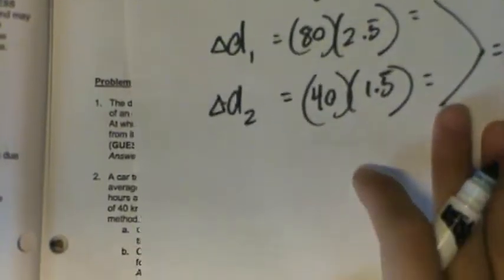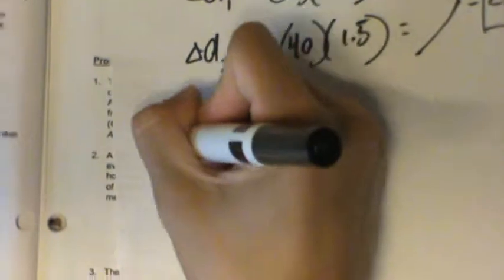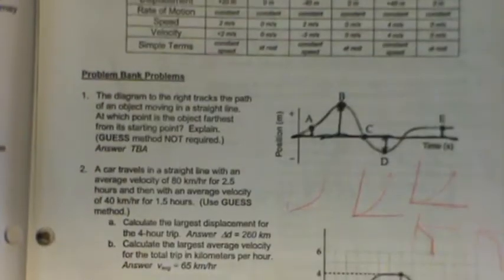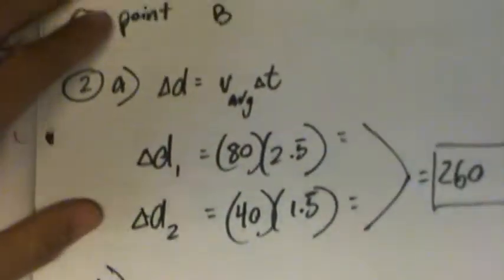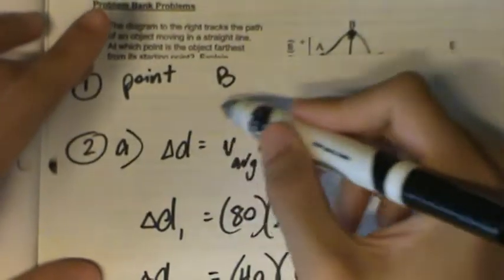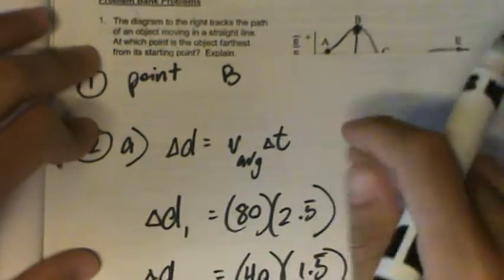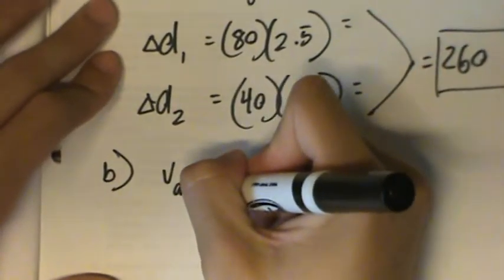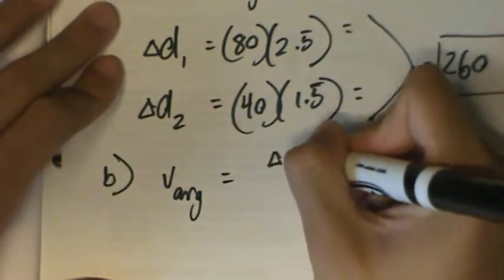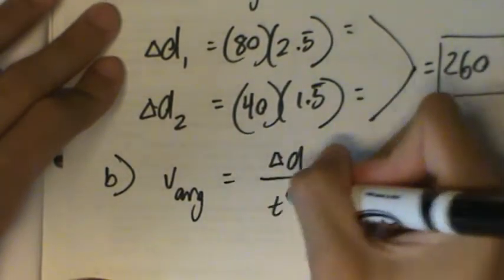Part B is asking for the largest average velocity of the total trip in kilometers per hour. So from our equations that we used before, we have displacement equals average velocity times time. So therefore we can get average velocity by doing displacement divided by time.